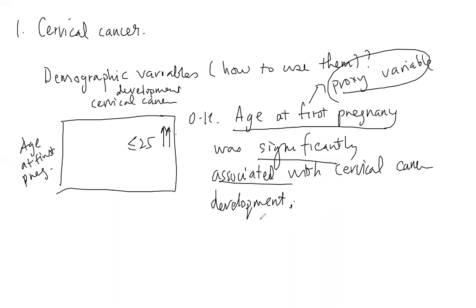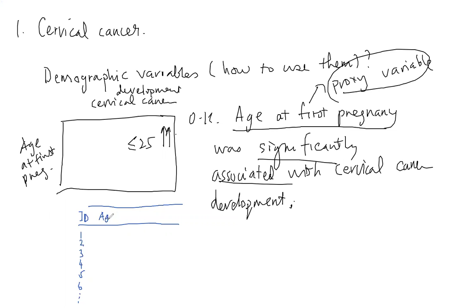If you only have these two variables, your data is going to look like this. This will be your ID, patients 1, 2, 3, 4, 5, in the Excel sheet.